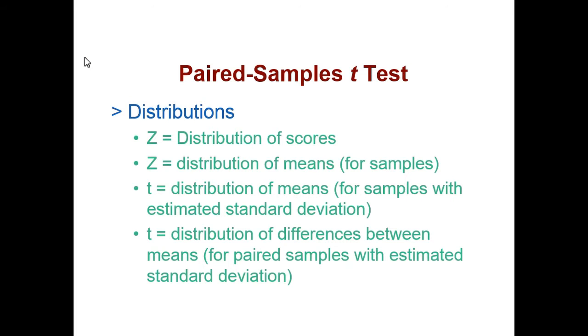All right, so a z-score is a distribution of scores. Okay, so that's the normal distribution, where each thing is an x. Then we talked about the distribution of means. Still a normal distribution, but now they're all samples.